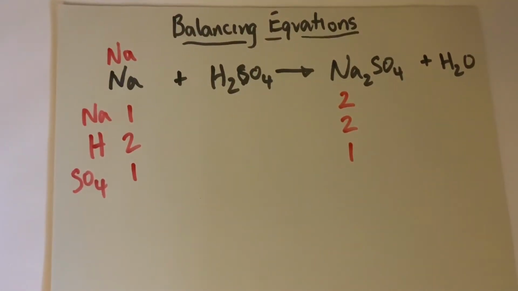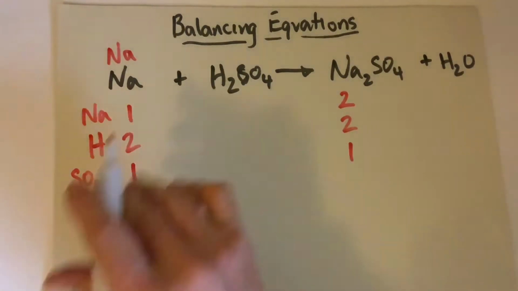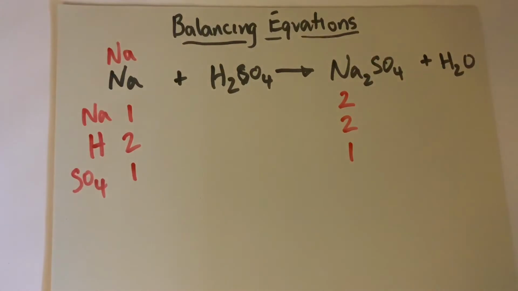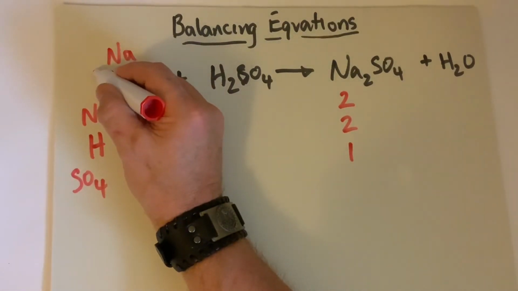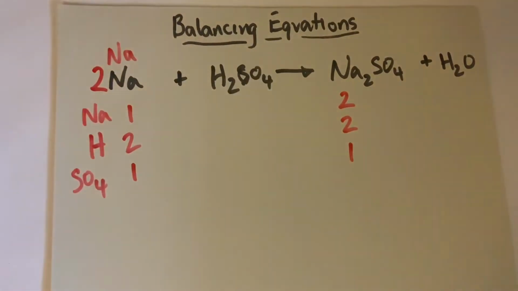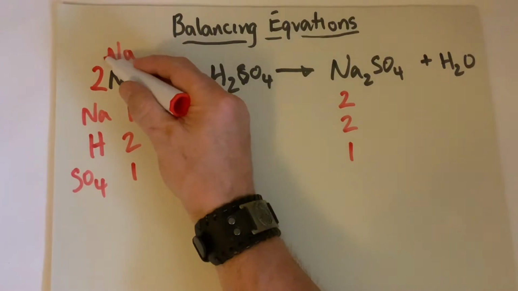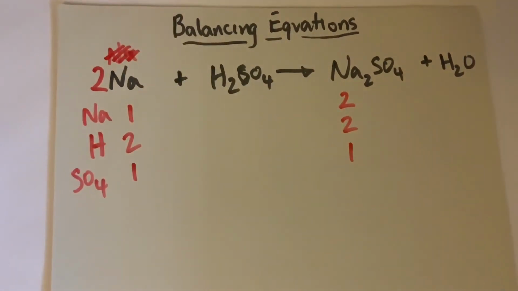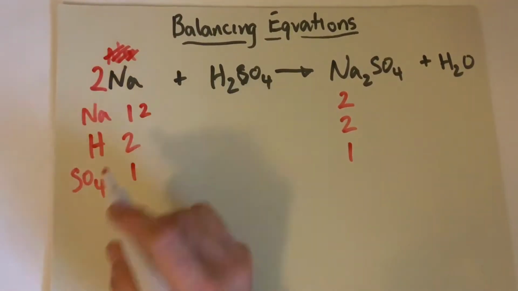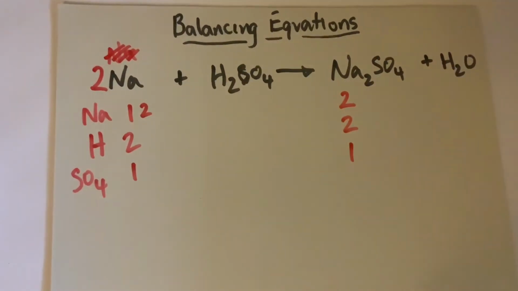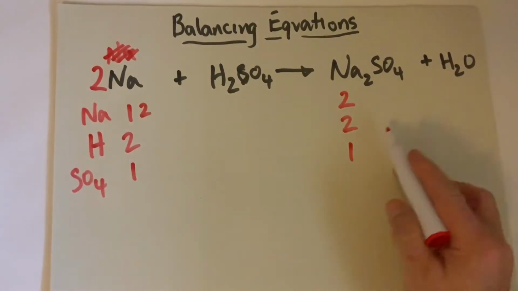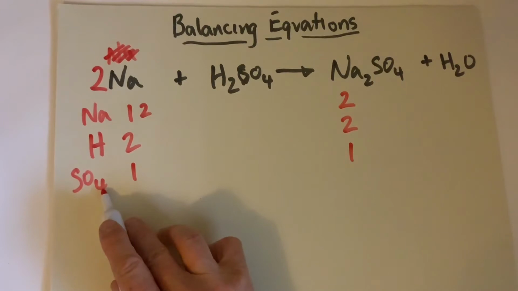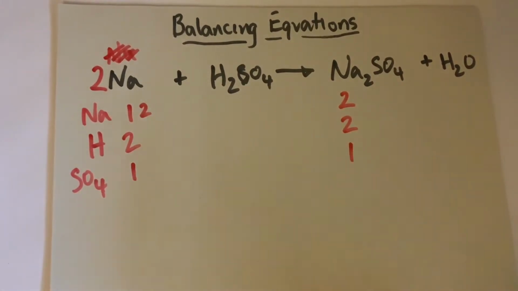Rather than writing it out as a second lump of sodium, you put what's called a coefficient in front. That tells me we've got 2 sodiums there. So now the equation balances: 2 sodiums, 2 sodiums, 2 hydrogens, 2 hydrogens, 1 sulfate, 1 sulfate.